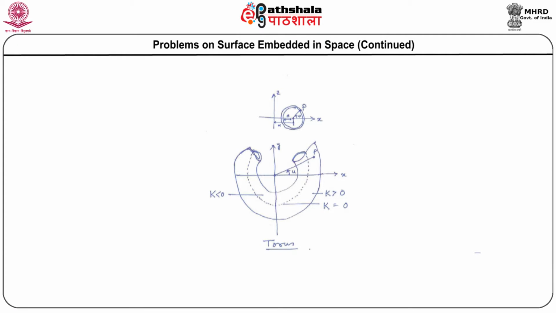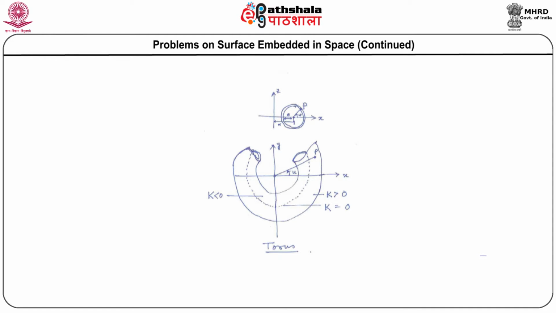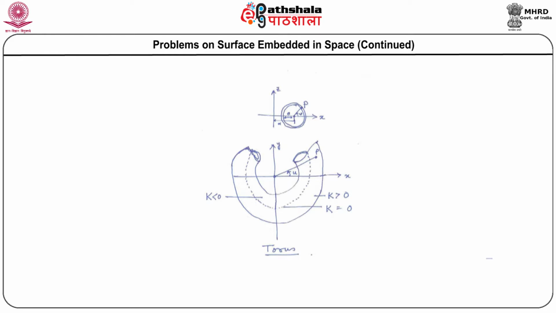That means, along the dotted line the points are parabolic points, and at the outside portion the points are elliptic points because the Gaussian curvature is greater than 0, and in the inside portion the Gaussian curvature is less than 0. So, it is the hyperbolic type, the points are here hyperbolic points. So, all three types of points are lying on the torus.